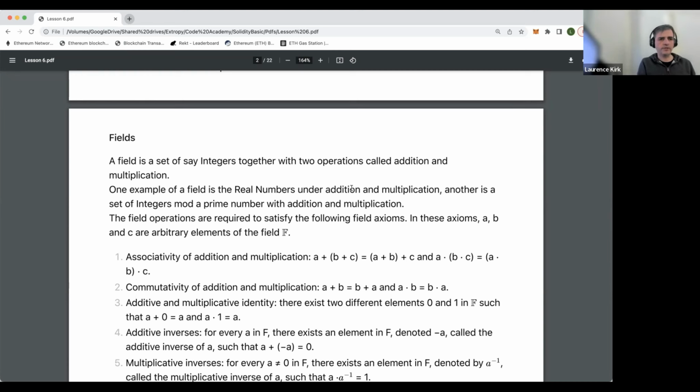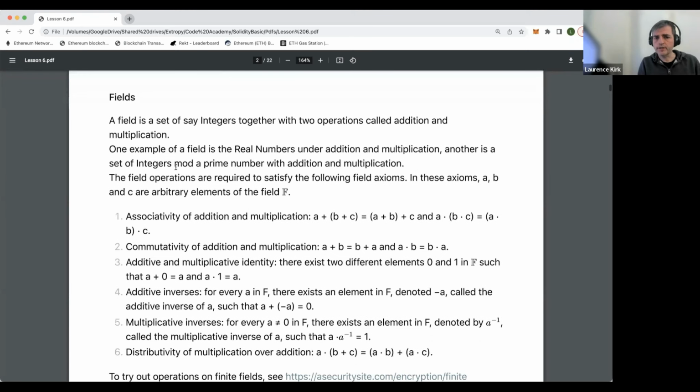So we're going to restrict the types of operations that we do on our integers. We choose 2 operations that we're allowed to do, and we're going to call these addition and multiplication. Then also we're going to have a maximum integer. So we're going to be using modular arithmetic, and usually this maximum value is a prime number.